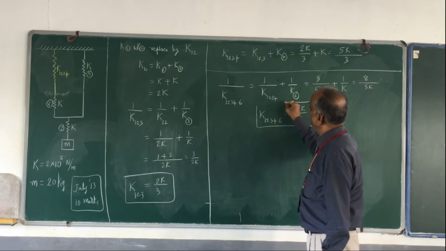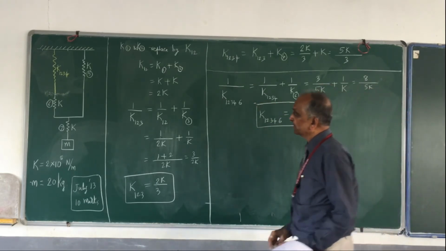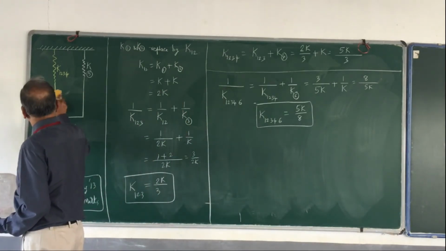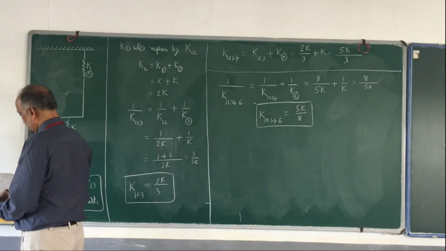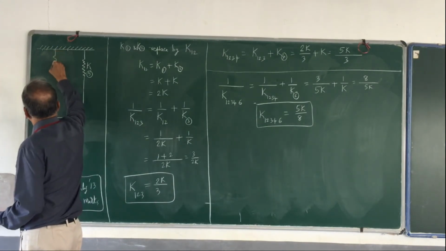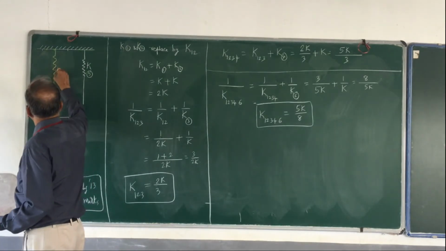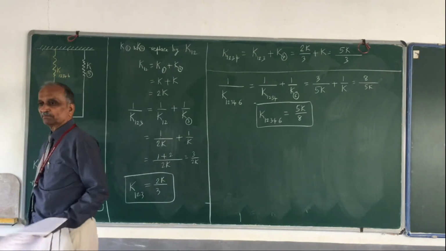Very important. So therefore I can replace 1, 2, 3, 4 and 6 by only one spring. Only one spring. And what is that? That is K of 1, 2, 3, 4, 6.